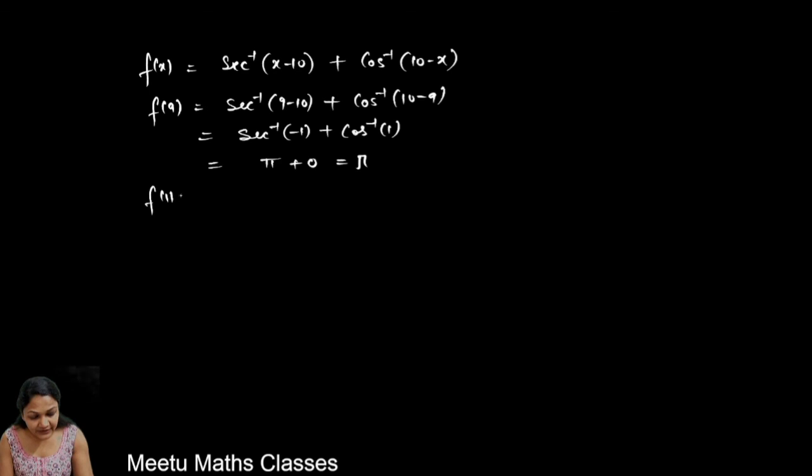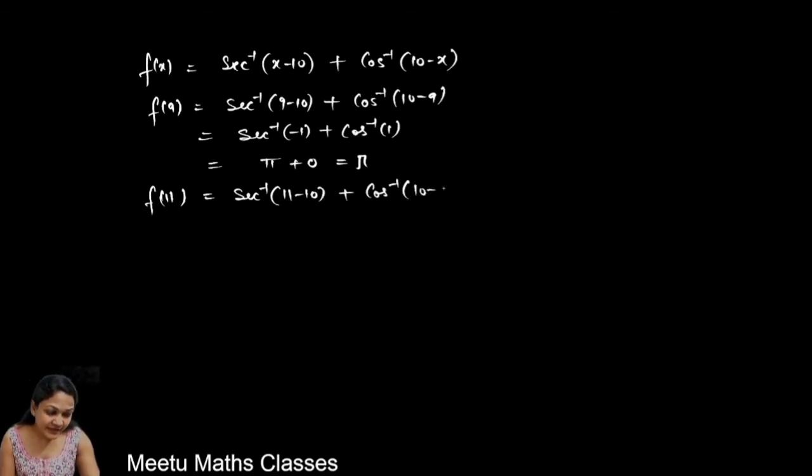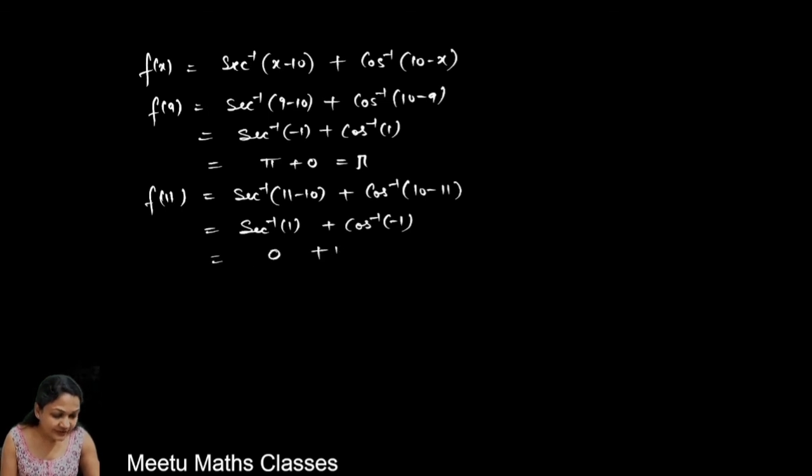And f(11) is sec inverse of (11 minus 10) plus cos inverse of (10 minus 11), so sec inverse of 1 gives 0 and cos inverse of -1 gives pi.